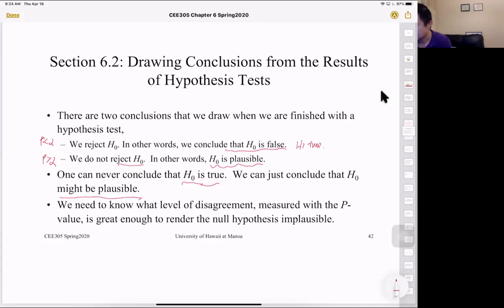And we also need to know the level of disagreement, which is measured by the p-value, and compare the p-value with alpha. If the p-value is small enough, if the p-value is less than alpha, then the null hypothesis is implausible.